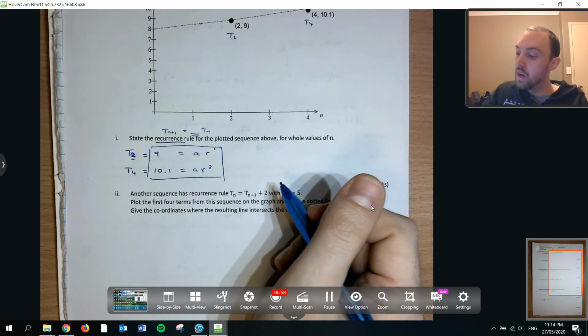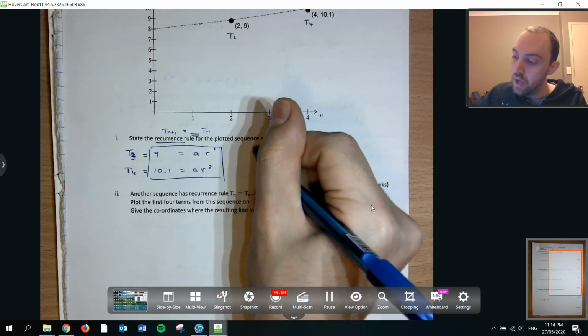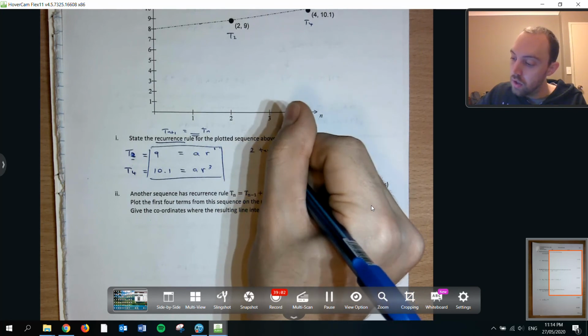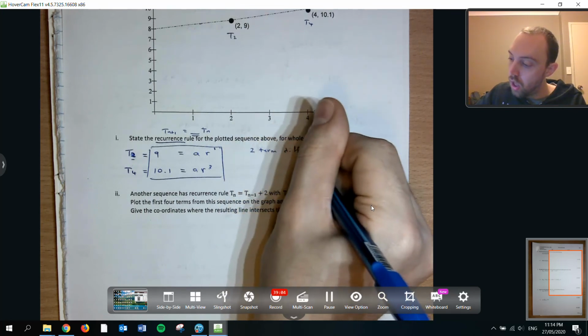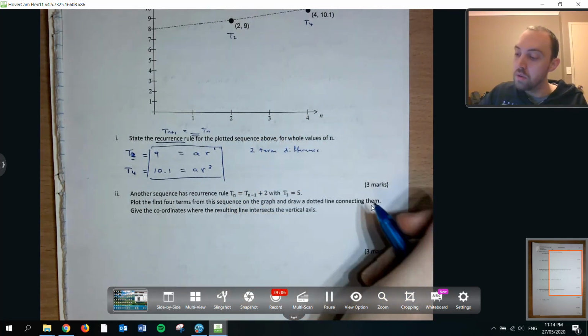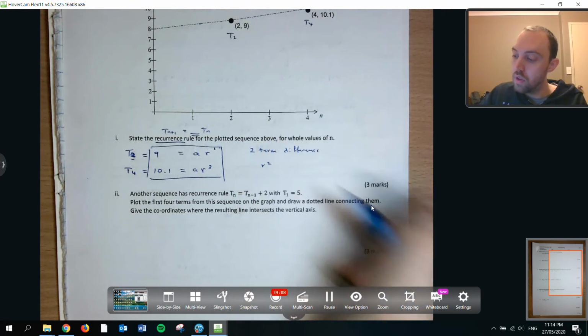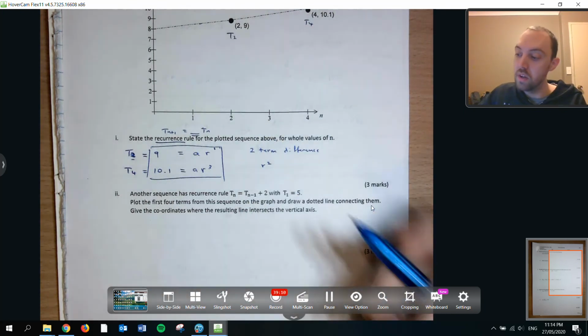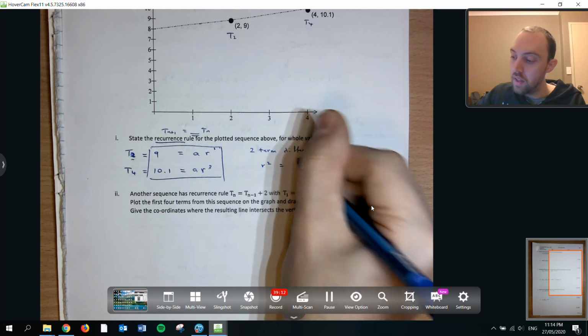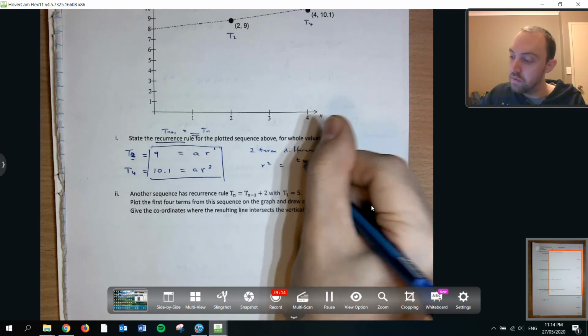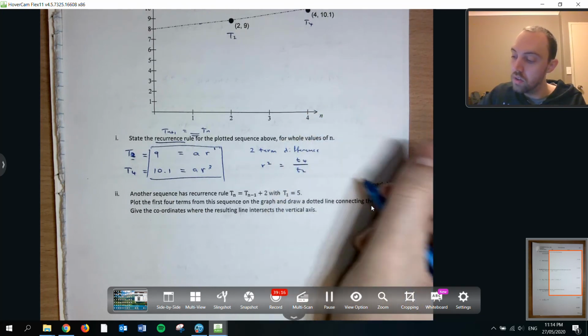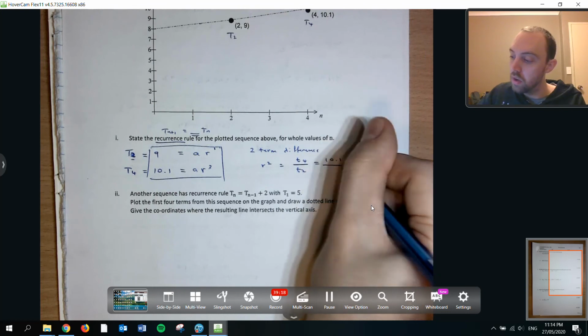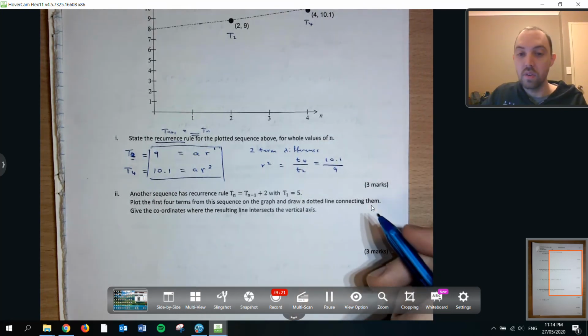Otherwise, we have 2 terms difference, which means we have a difference of the common ratio, but it's done twice, and this would be my T4 on T2, or 10.1 on 9 is equal to R squared.